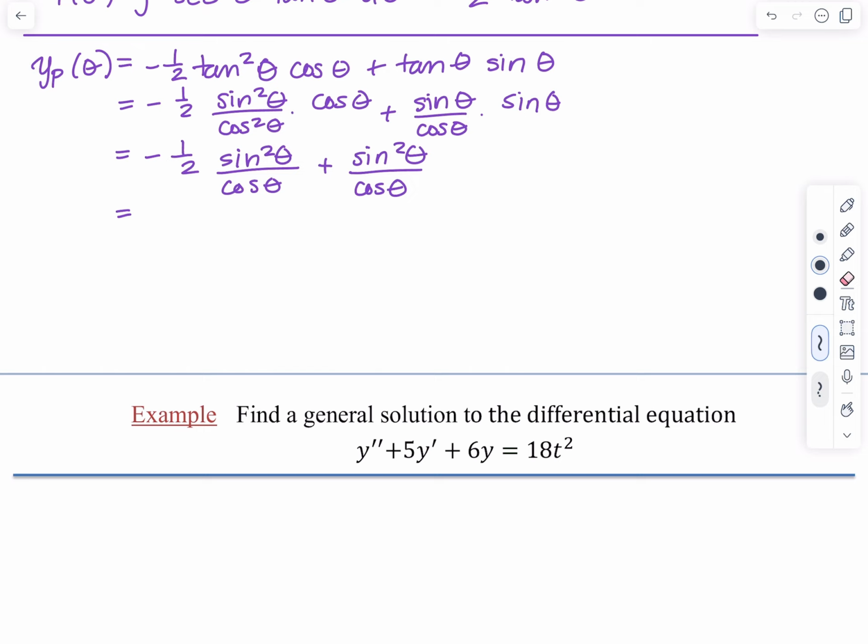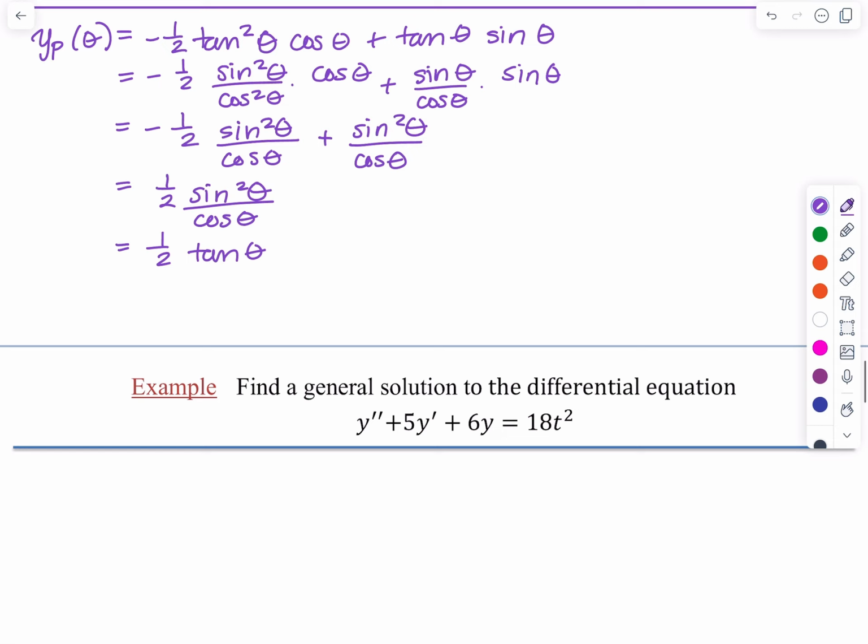And that, of course, is equal to 1/2 multiplied by the tangent of theta multiplied by the sine of theta.